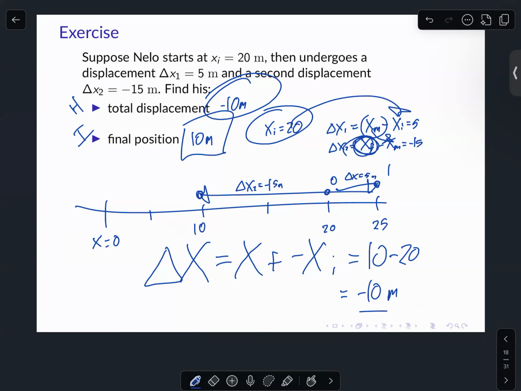Yes. You may always add displacements. That is mathematically identical to what happened. If I displace in one sense, then I displace in another sense. The total is the sum of the displacements. That's totally legal. Anyone else do it that way? Added the displacements to get the total? Good.